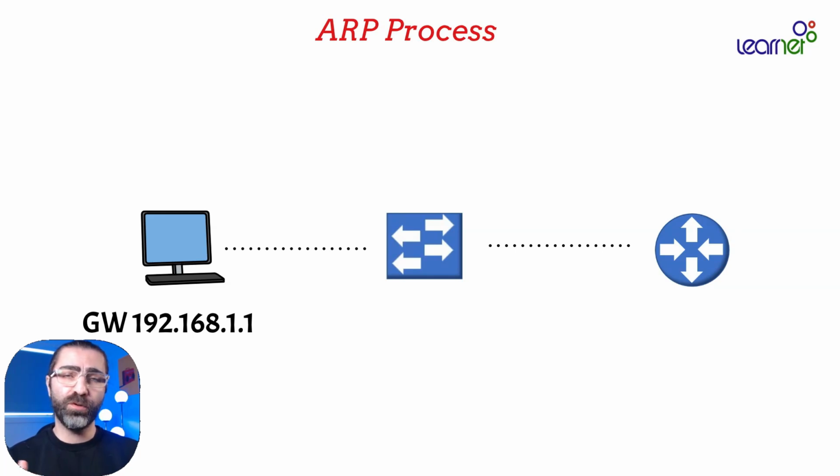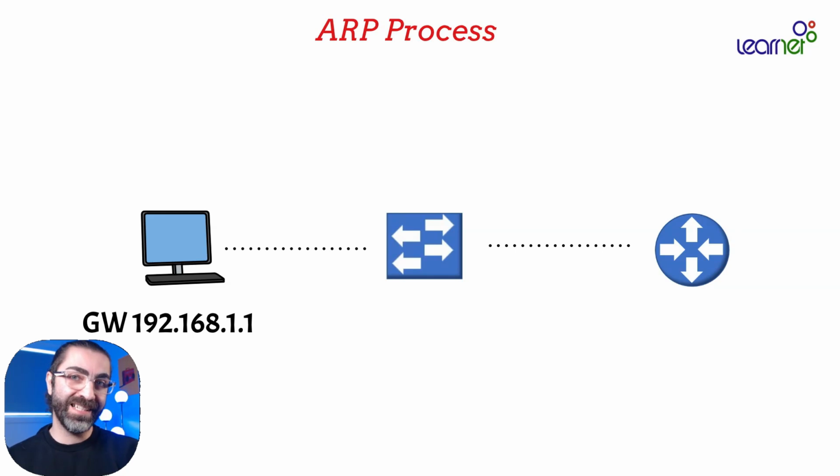The first thing is, okay, I know who my gateway is, but to be able to reach that IP address in the local area network, first I need to figure out what the MAC address for 192.168.1.1 is. And how do I do that? By sending ARP requests. These ARP requests are broadcast messages, so everyone will hear them.